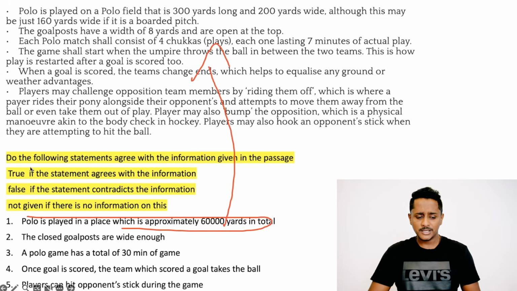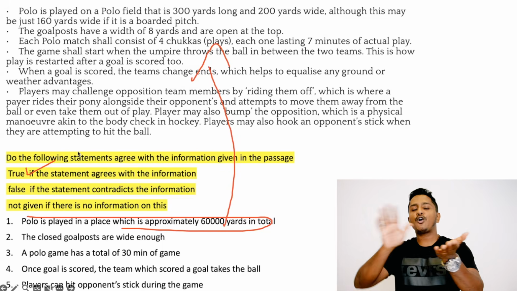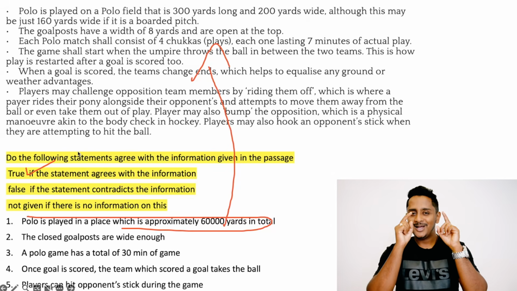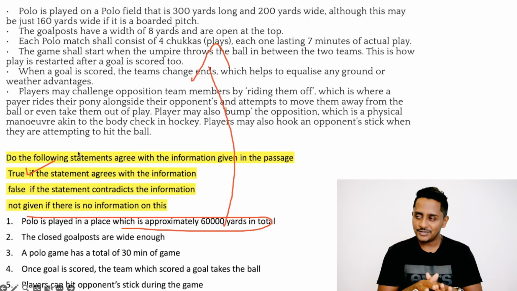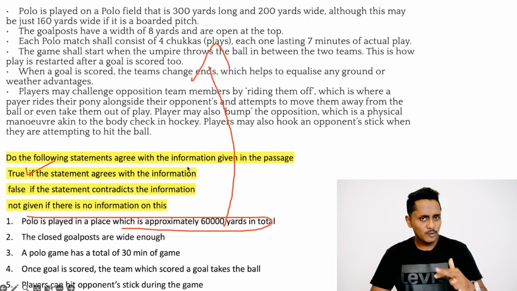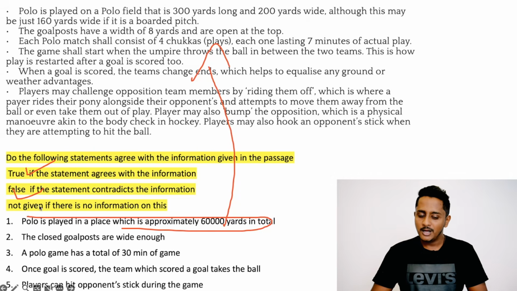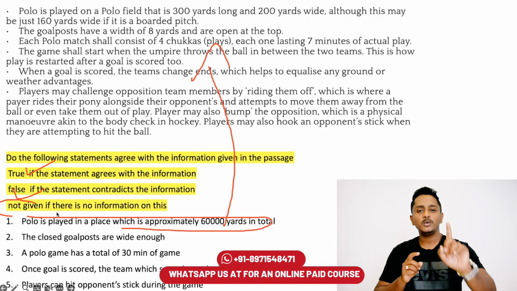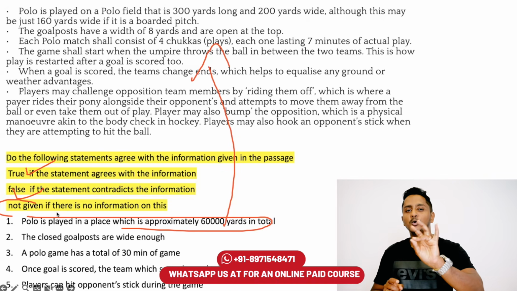If it matches, you say true. If it contradicts, that means it's matching but in exactly the opposite direction. Know the difference: contradiction means exact opposite. If it's exactly opposite, then you say false. Not given is no information, don't worry about it. If it is not true, if it is not false, just go with not given.